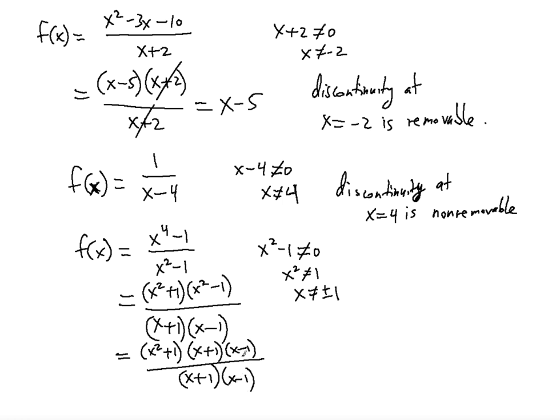Notice now the troublemakers, these two factors, are gone. You're left with x squared plus 1, which is defined for any value of x. So actually, these two x values, positive 1 and negative 1, are removable discontinuities.